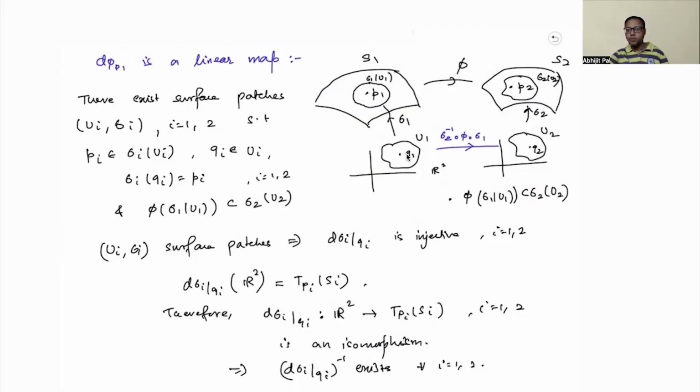This U1 and U2 are my subsets in R2. So I have a map from U1 to U2, and this map is also a differentiable map from R2 to R2. So let F be equal to sigma 2 inverse compose phi compose sigma 1.